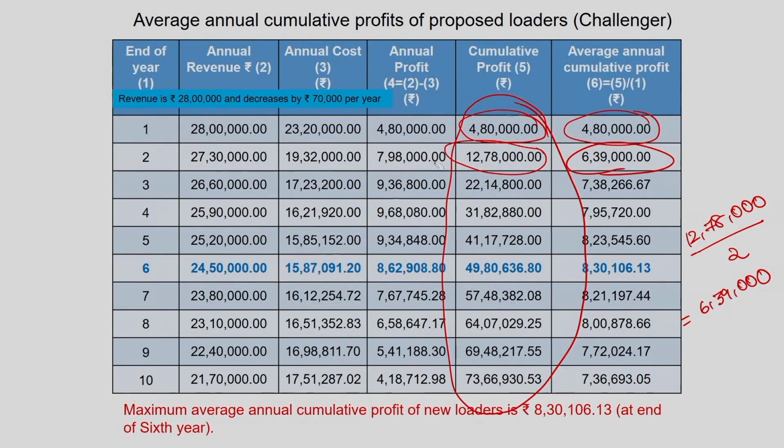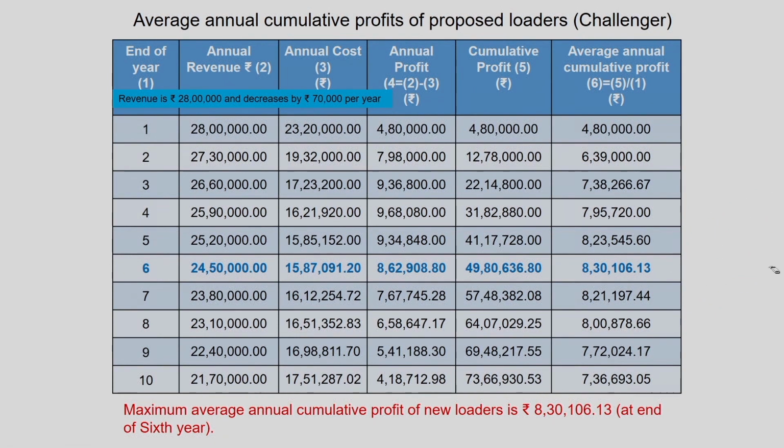So now you can again determine the economic life for your proposed loader. You can see the profit is increasing with time. Okay, so you are getting a trend like this. Your profit is increasing, and at a particular point it reaches the maximum. Then again it starts reducing with the age of the machine.